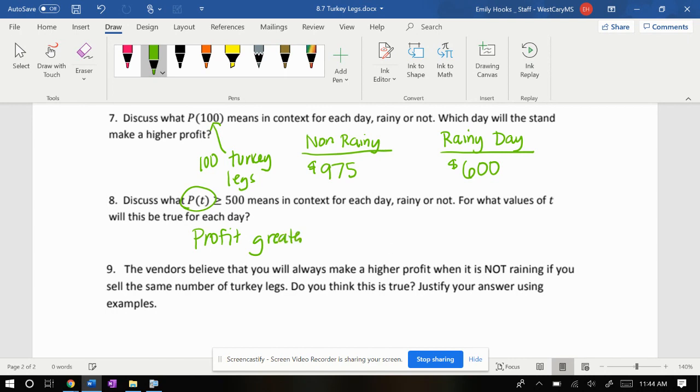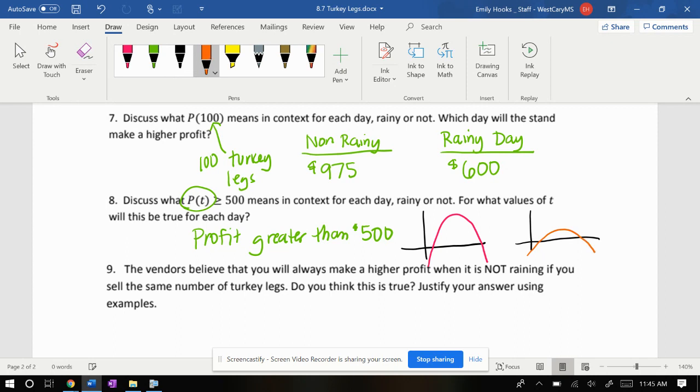What they want us finding is, we can look at the two different graphs. So here's my non-rainy day, right? I'm starting off lower, but I'm growing faster. So that's my non-rainy day. And then my rainy day is starting off less, but I'm growing slower, like that.